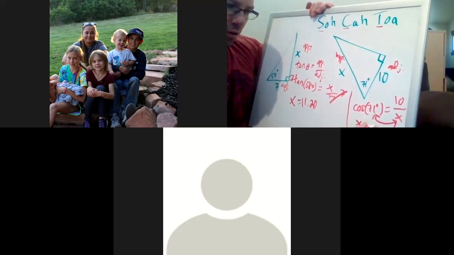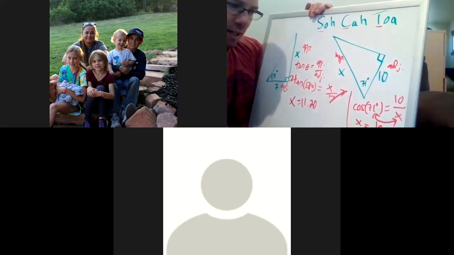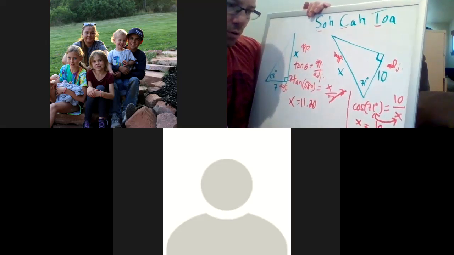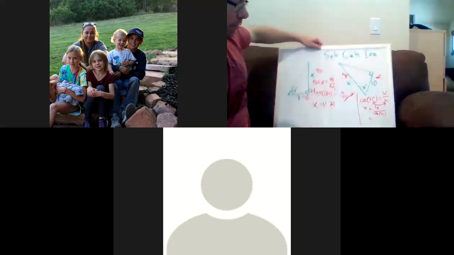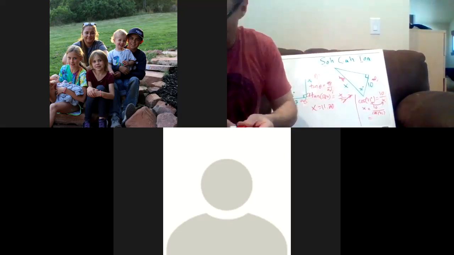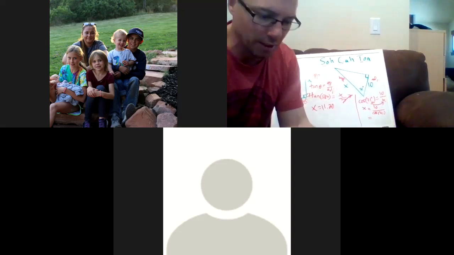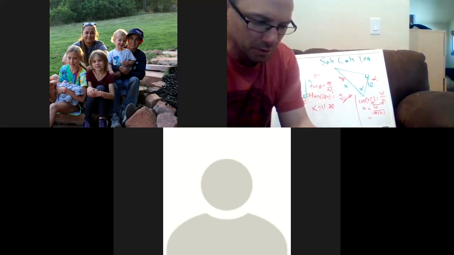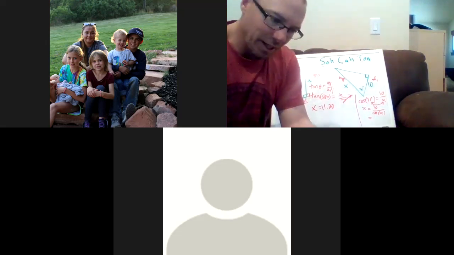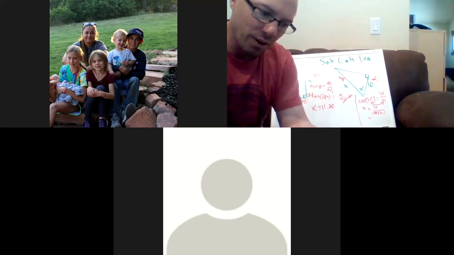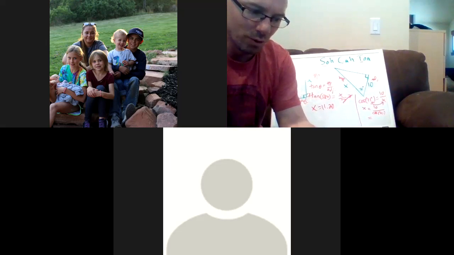So I make it x equals 10 divided by cosine of 71. 10 divided by cosine of 71 is something that I can put directly into the calculator. I type that in, and I get a pretty big number here. I get 30.72.